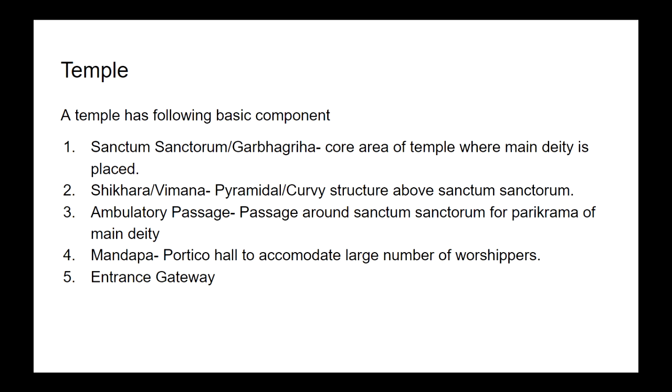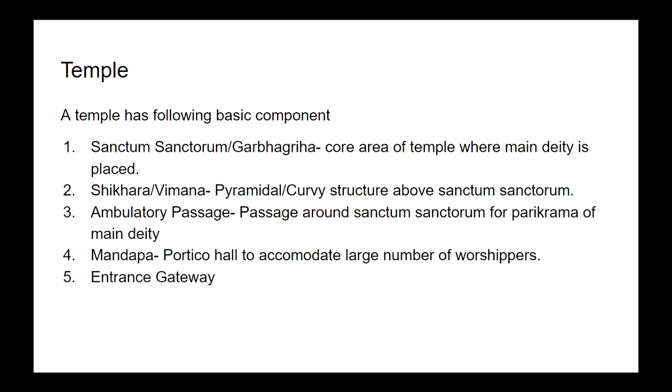In North India, we call it sikhar, and in South India, we call it viman. Then the third one is the ambulatory passage around the sanctum sanctorum for parikrama of the main deity. Then mandapa is a portico hall to accommodate a large number of worshippers. Then the entrance gateway.